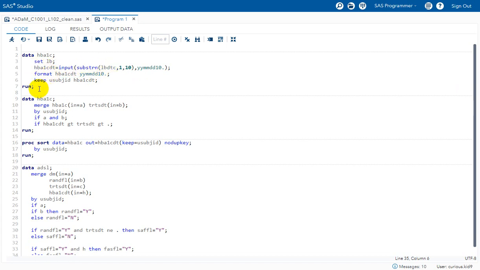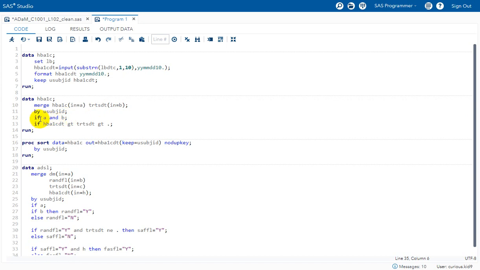So in this dataset, we are converting LBDTC to HbA1c dt and then bringing the treatment start date into the HbA1c data by merging at subject level. And then we are keeping only those subjects who have a record in both. So if a subject does not have a record in treatment start date, we do not need to consider those subjects because as part of the definition, the subject should have a date which is after treatment start date.